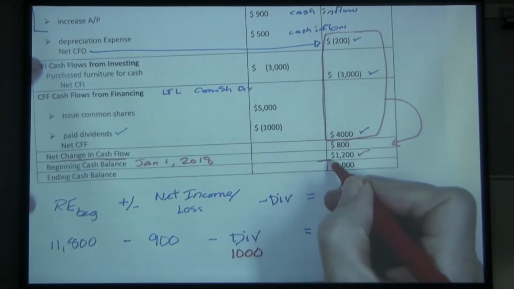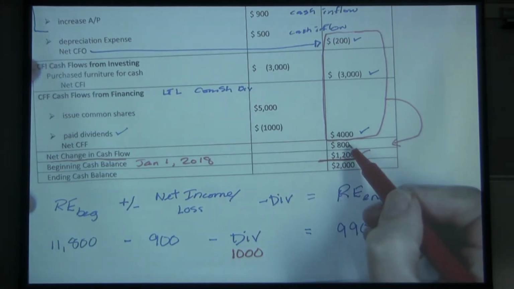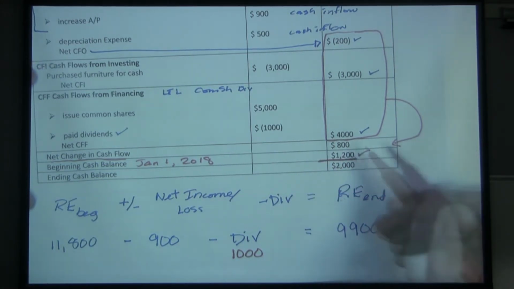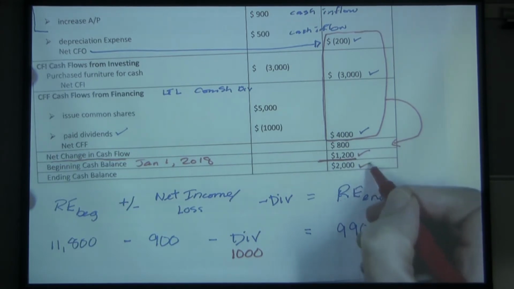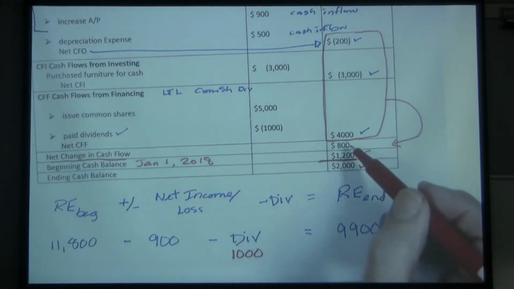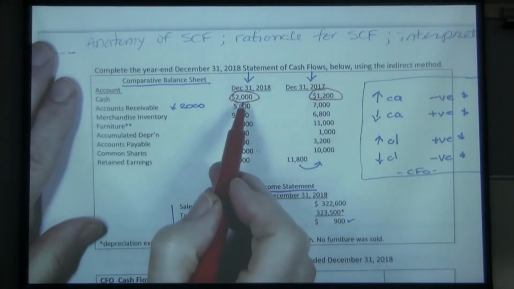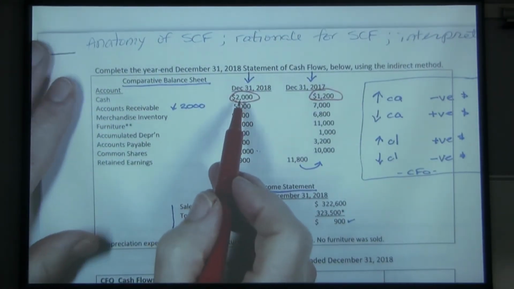And then there should be a line right here. So our change in cash plus the beginning cash balance should equal the ending cash balance. If it doesn't, then there's a mistake up in one of these three sections. But we're good. Our ending cash balance is $2,000, and there it is in our balance sheet.